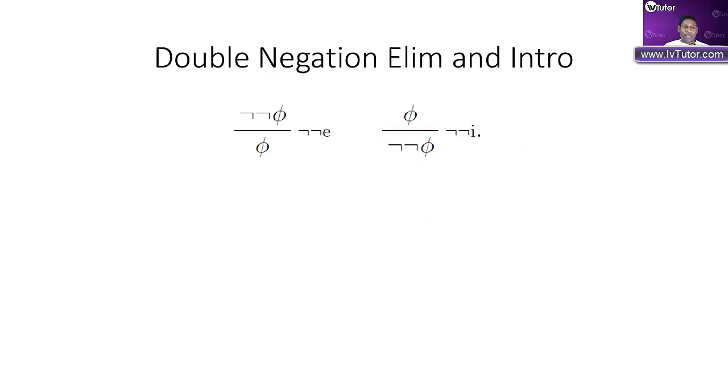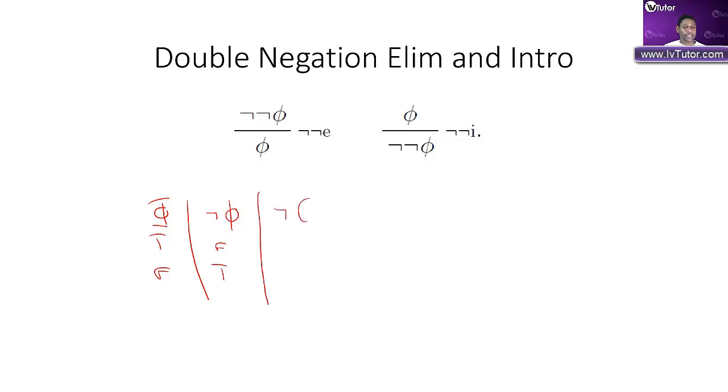Now, another rule that we can look at is called double negation elimination. It's pretty straightforward. If something is true and you negate it, it becomes false. If you negate it again, it becomes true. Let's look at it from a truth table. Phi can be true or false. If you negate phi, you have false, true.